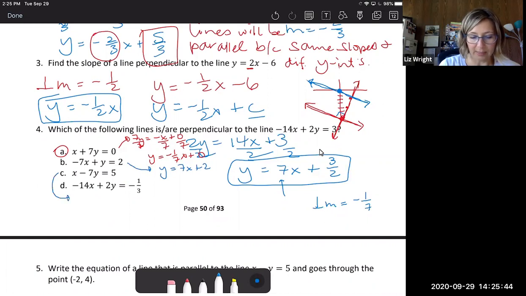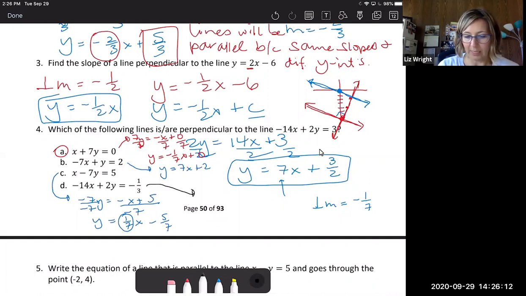Letter C is going to be negative 7y equals negative x plus 5. We would divide everything by negative 7. And so this one would be y equals 1/7 x minus 5/7. So that one won't work either because this is positive instead of negative right there. And then for this last one, I'm running out of space here.